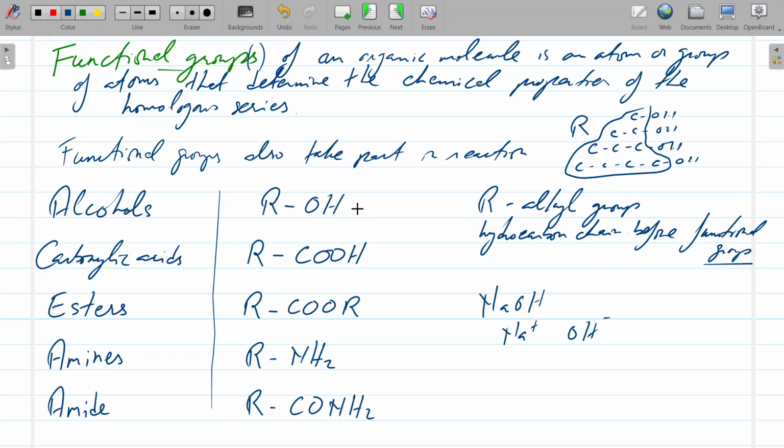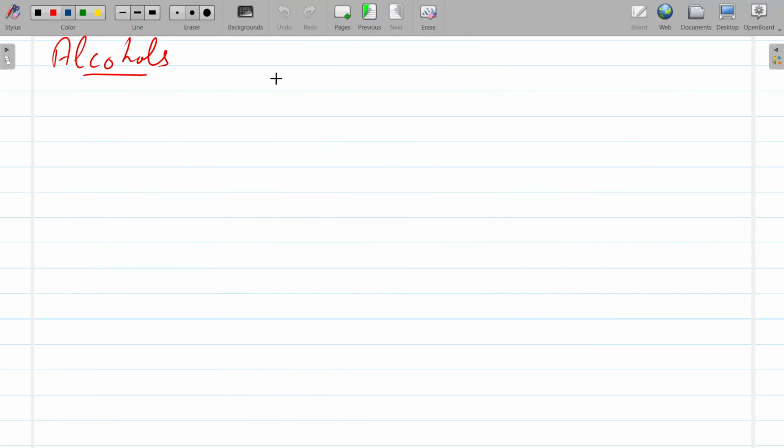This is an OH, and this is called the hydroxyl group. We're talking about the homologous series which has the hydroxyl as its functional group.